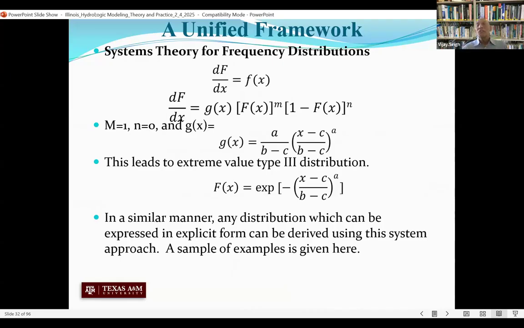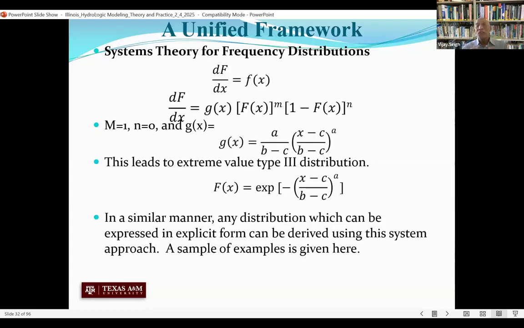In the case of frequency distribution, the continuity equation is really nothing but the derivative of the CDF, the cumulative distribution function, which equals the probability density function. So the proportionality relation in this case is: look at the flux, which is f of x, or df over dx, is directly proportional to the cumulative distribution function and 1 minus it, which is the survival function, raised to the power n.